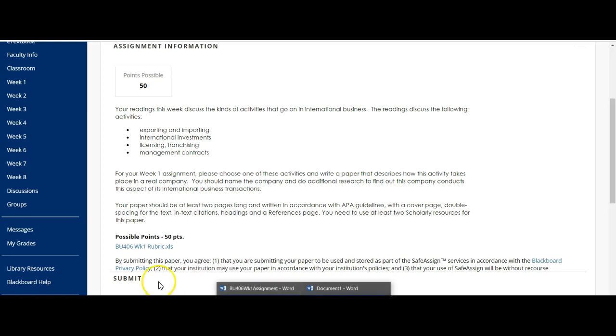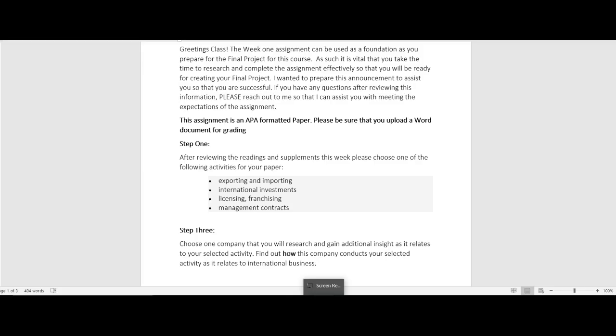And here they are. Okay, so this week, after you review the readings, you are required to write a 2-page paper. I would like you to pay particular attention to this paper and basically all the papers in the class because they can assist you with completing the final project that's due in week 7 of our class. So I just wanted to give you the heads up on that.